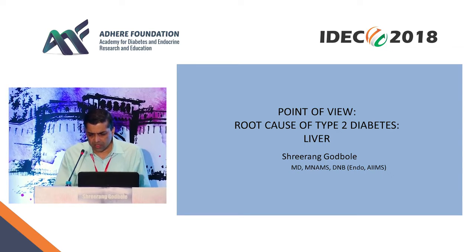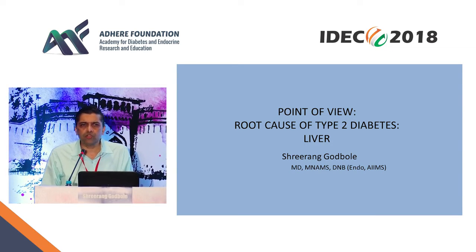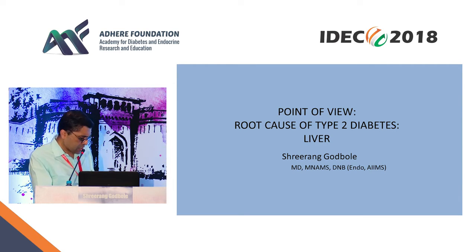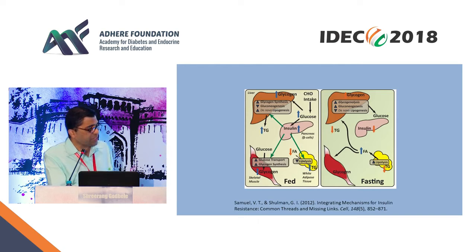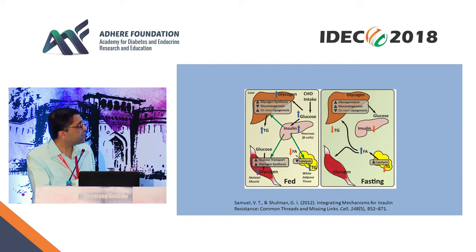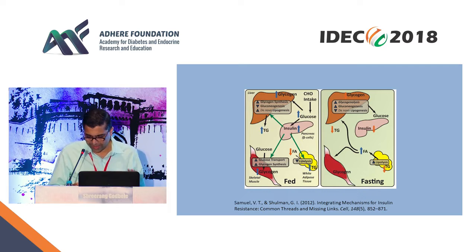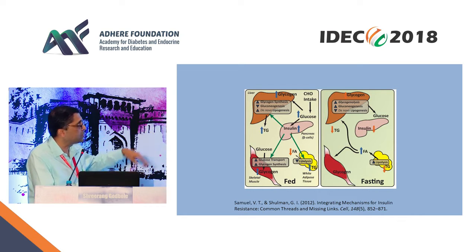Well, how is normal metabolic homeostasis maintained in the fed and the fasting state? With intake of carbohydrates in the fed state, there is increase in the plasma glucose, stimulation of insulin from the pancreas, and the insulin has several mechanisms by which it can store excess calories, some of which are shown over here.